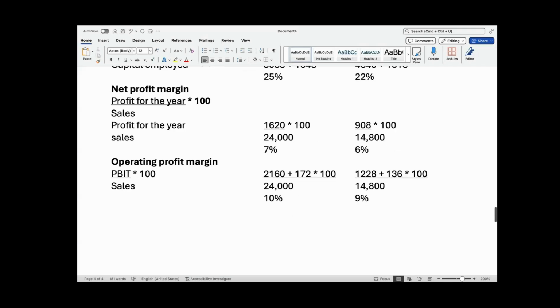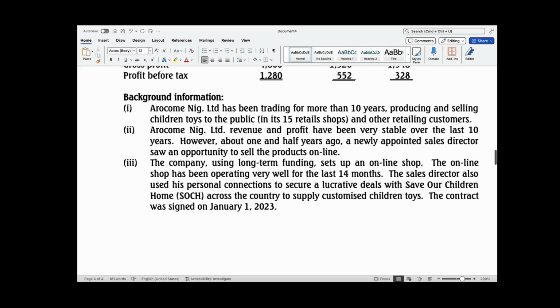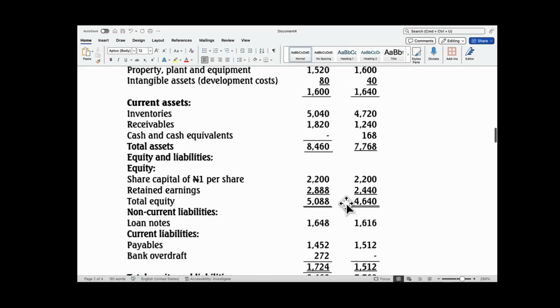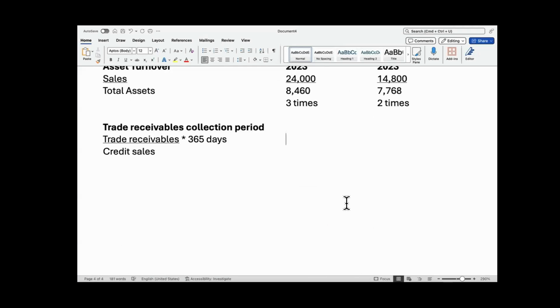If you go to the question, what's our receivables in 2023? 1820 in 2023, and in 2022 it is 1240. So 1820 and 1240, multiply by 365, divided by credit sales.